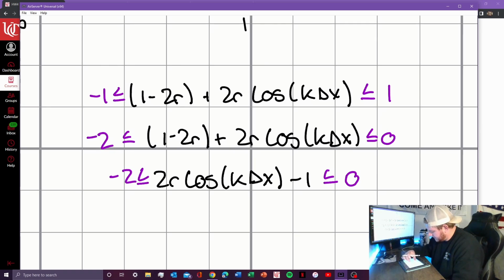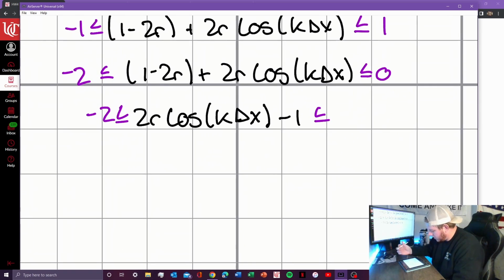Now looking at this term, we know that this term is always negative, because cosine can go from 1 to negative 1, and if it's 1, then 1 minus 1 is just 0.